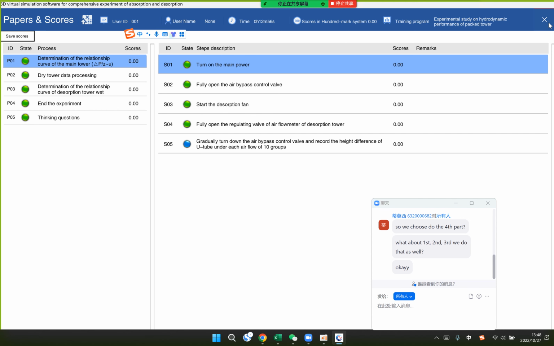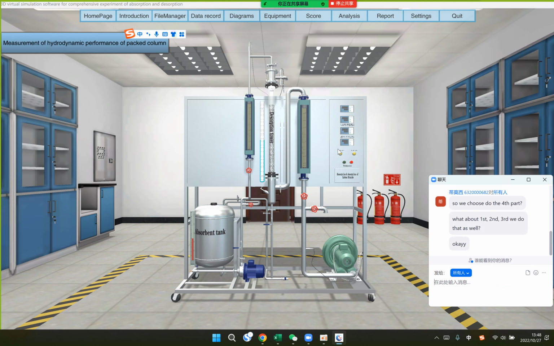So this is the absorption tower, or the tower itself, this is a rotameter for the air, and this is the rotameter for the liquid. The liquid moves downward and the gas moves upward. So we just follow the steps.